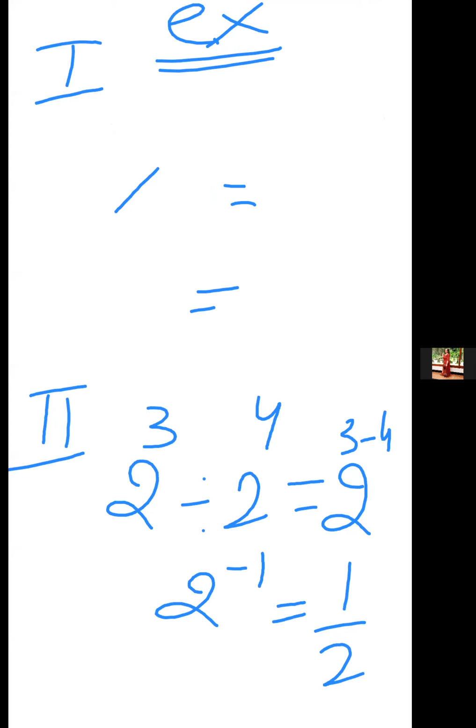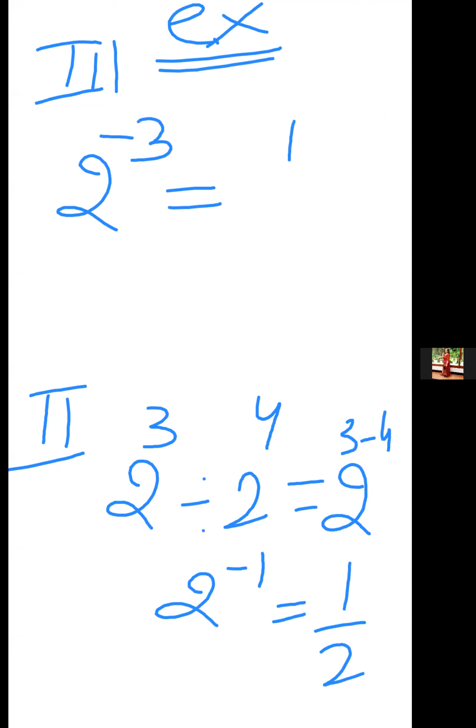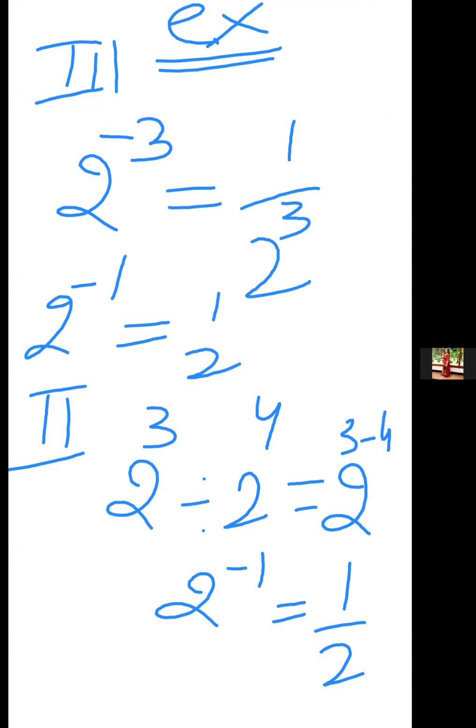You have to change the negative number. If 2 raised to power minus 3, it will be 1 upon 2 raised to power 3. Or 2 raised to power minus 1 is equal to 1 upon 2. This is your third law.